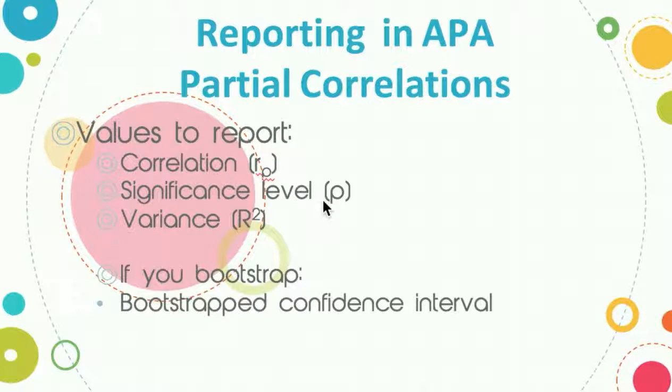Now we did not use the bootstrapping as a robust method for handling our data because we didn't have any outliers. I didn't see any need for it given the situation with this data. So I don't report the bootstrapped confidence interval. You definitely can do it, and in that situation, you have one other component to add into the text.